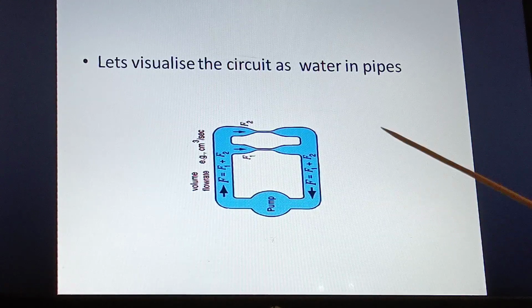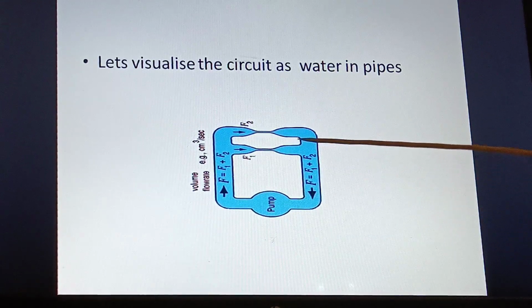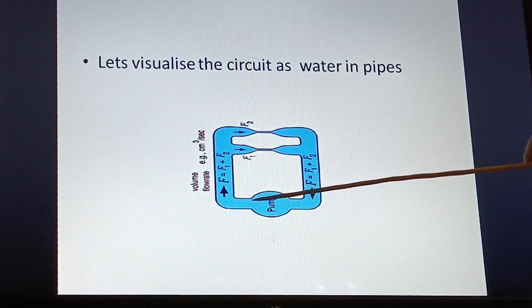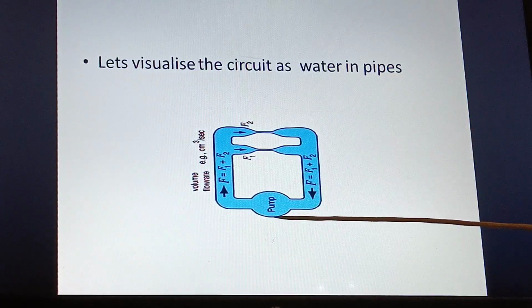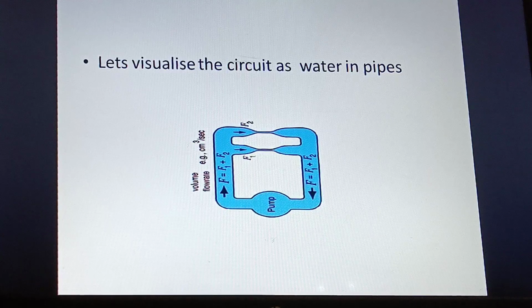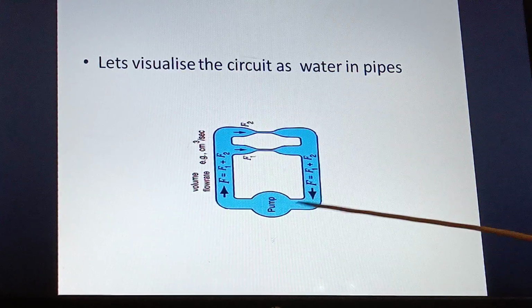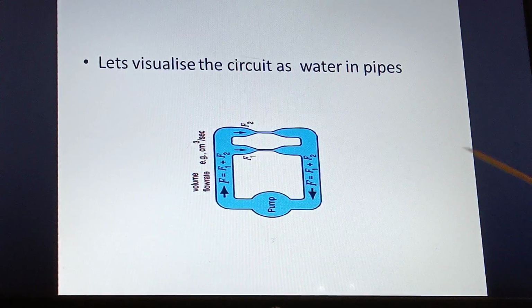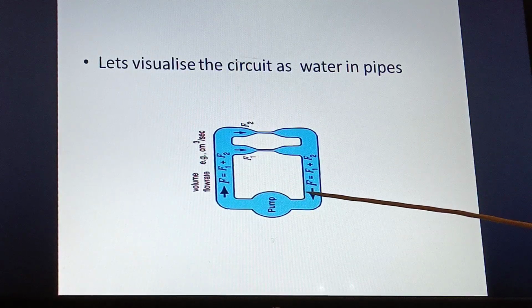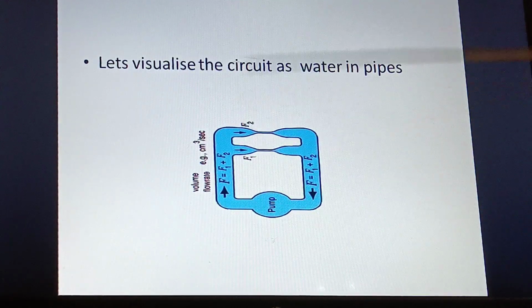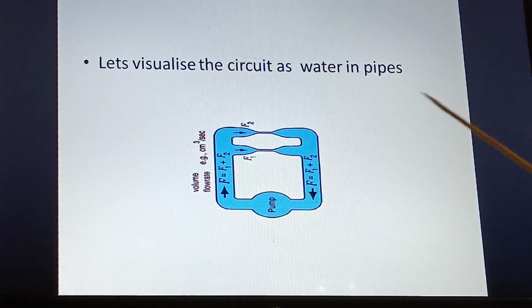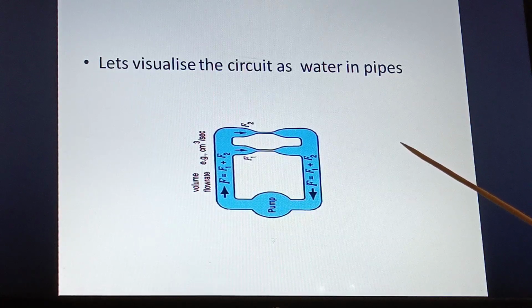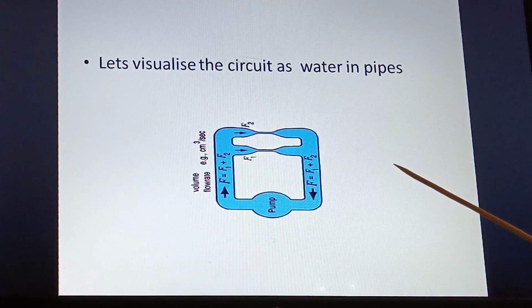For example, water is flowing here, it flows here, it flows here, it flows here. Will all of them have different speeds? Water flows throughout this, will all of them have different speeds? Because if you see here, the potential difference is changing.